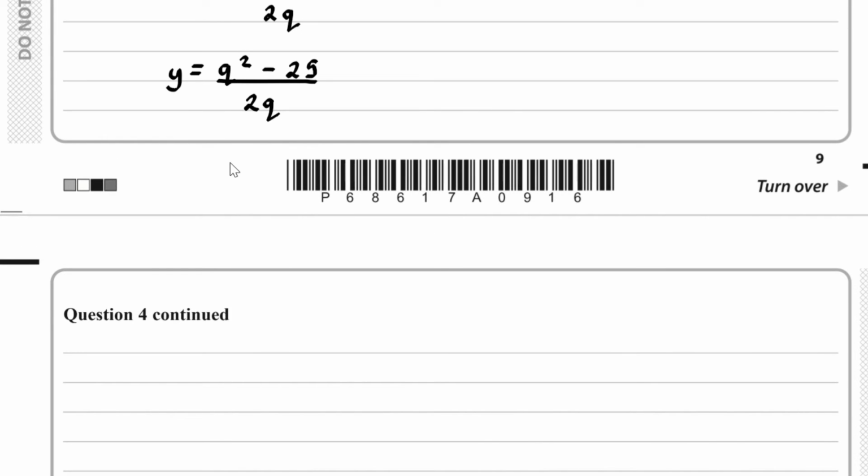And to find out the equation of BF, well, what we need to do first, the gradient of BF, well, we've got q subtract 0, and then we've got -5/2 subtract 5/2. So the gradient of BF then is equal to -q over 5.